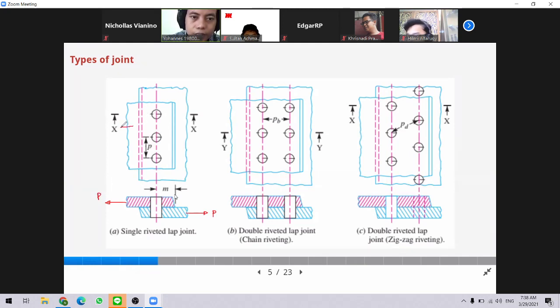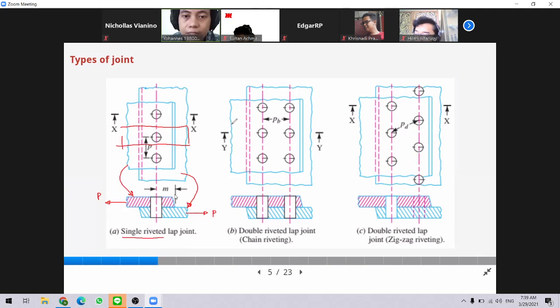So this is cut in this section. Okay, and this is the second plate. This is the first plate. And you see here, it contains only a single rivet. So that's why we call this a single rivet lap joint.